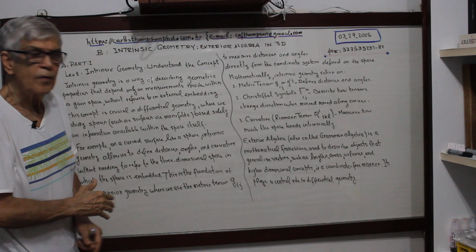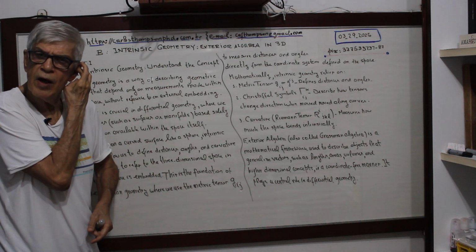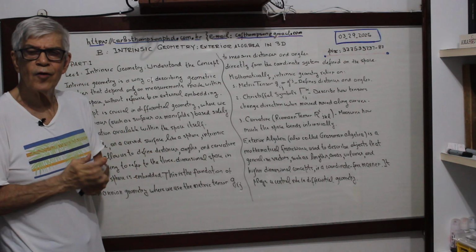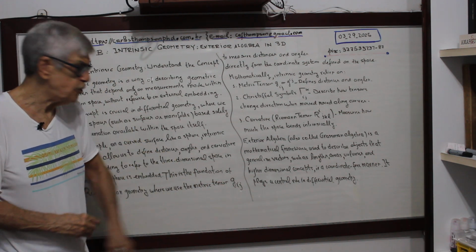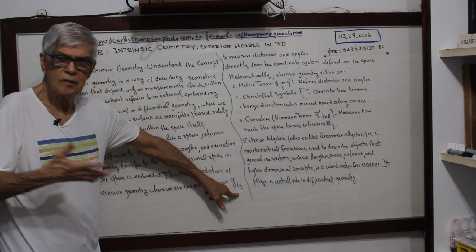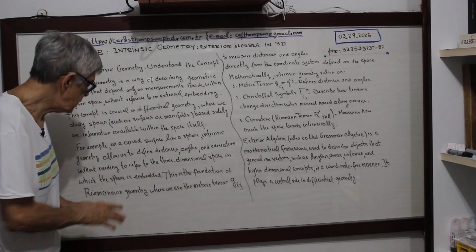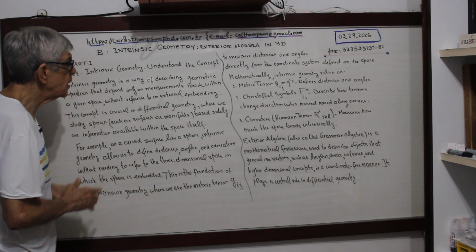No position vector, no vector. This is out of our study. It's just the metric Gij, in this case covariant, or Gij contravariant. This is called Riemannian geometry.